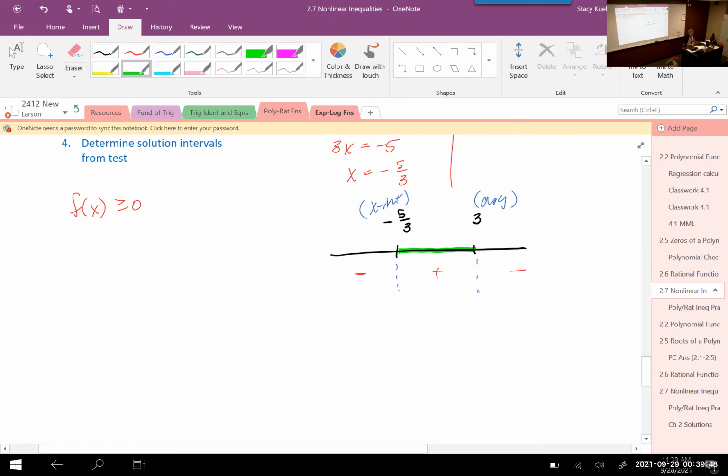Okay. At -5/3, can I include that in my solution set? Yes. Why? Because it's an x-intercept. Can I include 3 in this? No. Because it's an asymptote, right? So my interval notation looks like bracket -5/3, comma 3, parentheses.